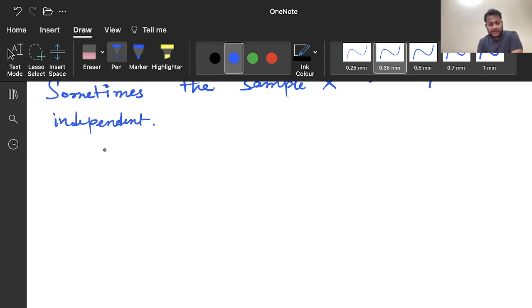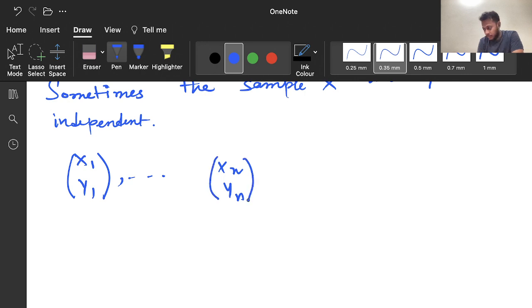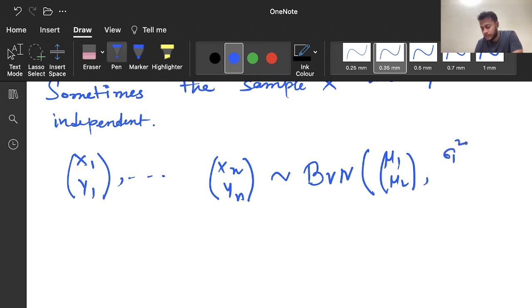So that makes this vector (x1, y1), ..., (xn, yn) a bivariate normal distribution with mean mu1, mu2 and covariance matrix sigma 1 square, rho sigma 1 sigma 2, rho sigma 1 sigma 2, sigma 2 square.